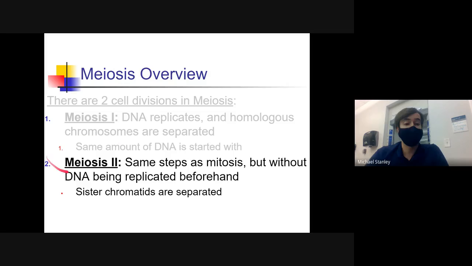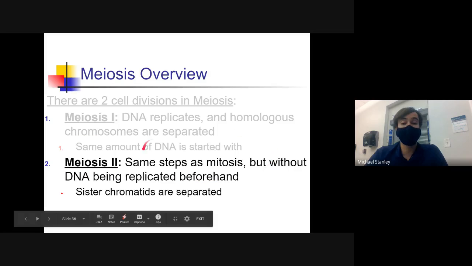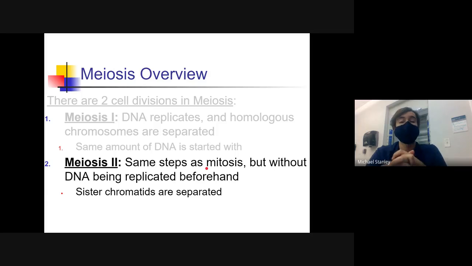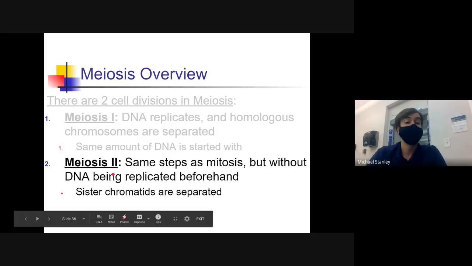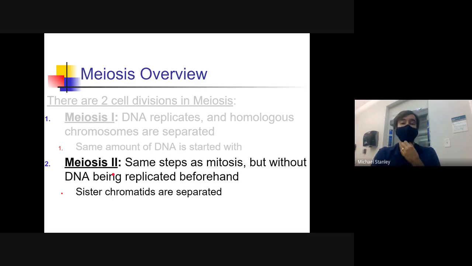In the second round of meiosis, Meiosis II, we go through the same steps as before, except we don't copy our DNA. So instead, we have the single set of DNA in our cell, and now it gets split in half. So Meiosis II is where we go from being diploid to haploid.